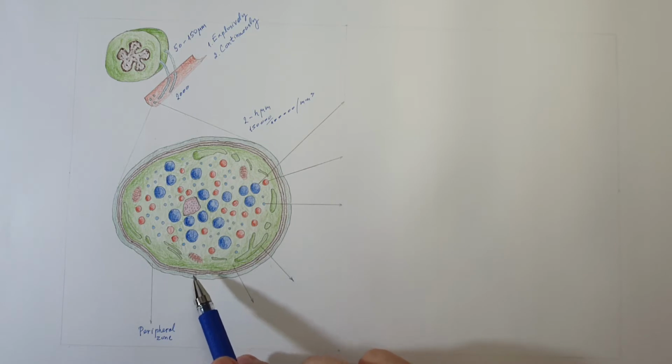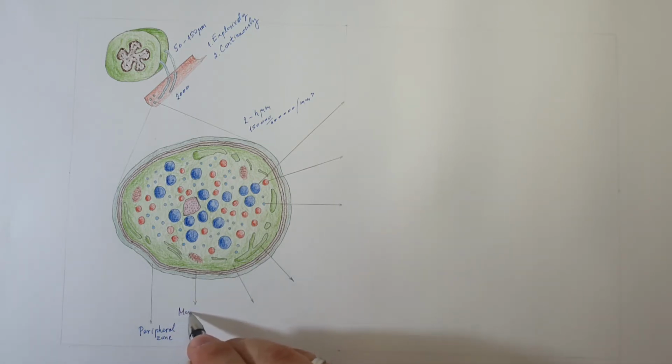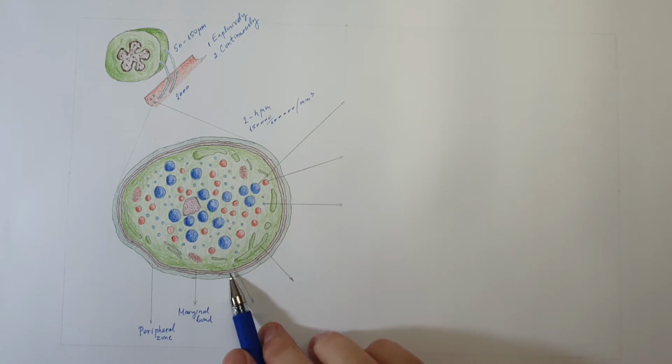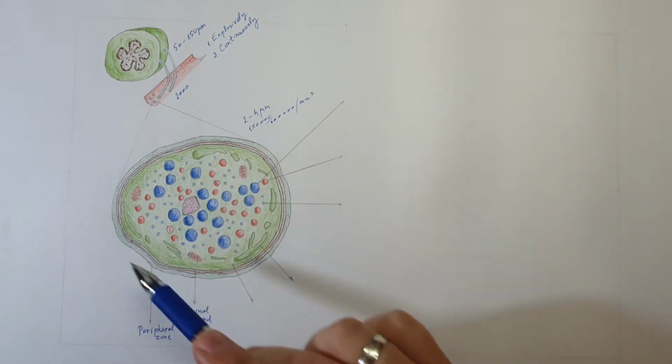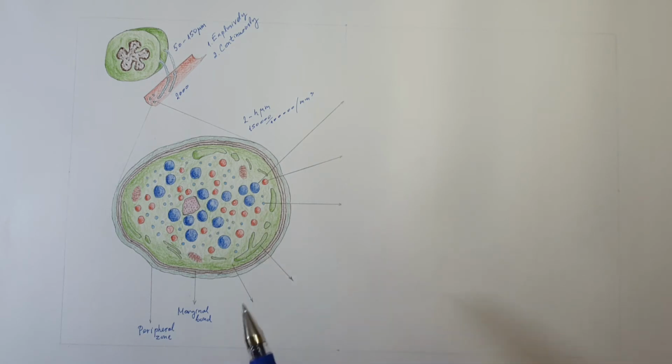Then we have this zone. This zone is sometimes regarded as a marginal band, and it has microtubules. These microtubules consist of a protein called tubulin, and it maintains the discoid shape of the thrombocyte. It also has microfilaments.